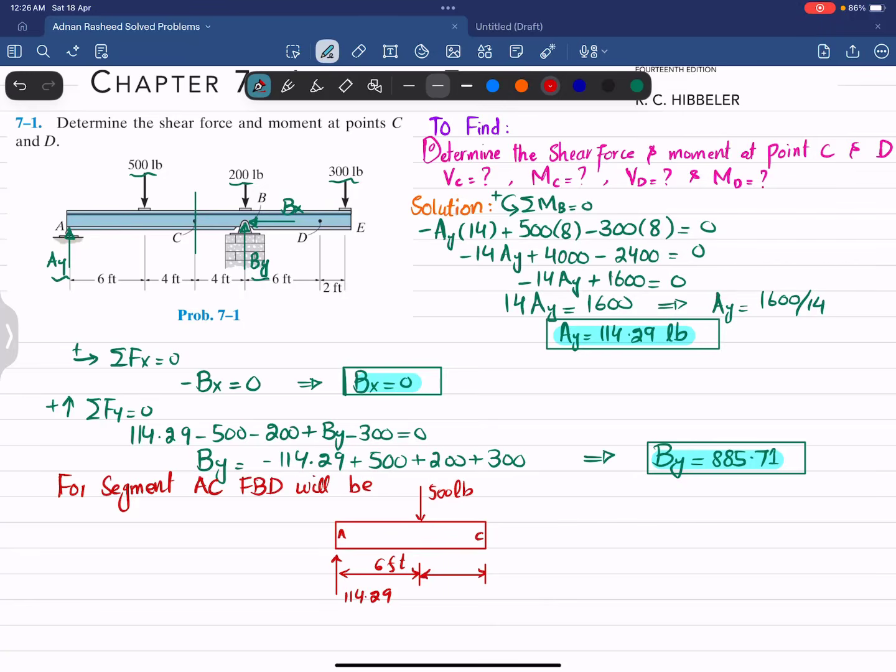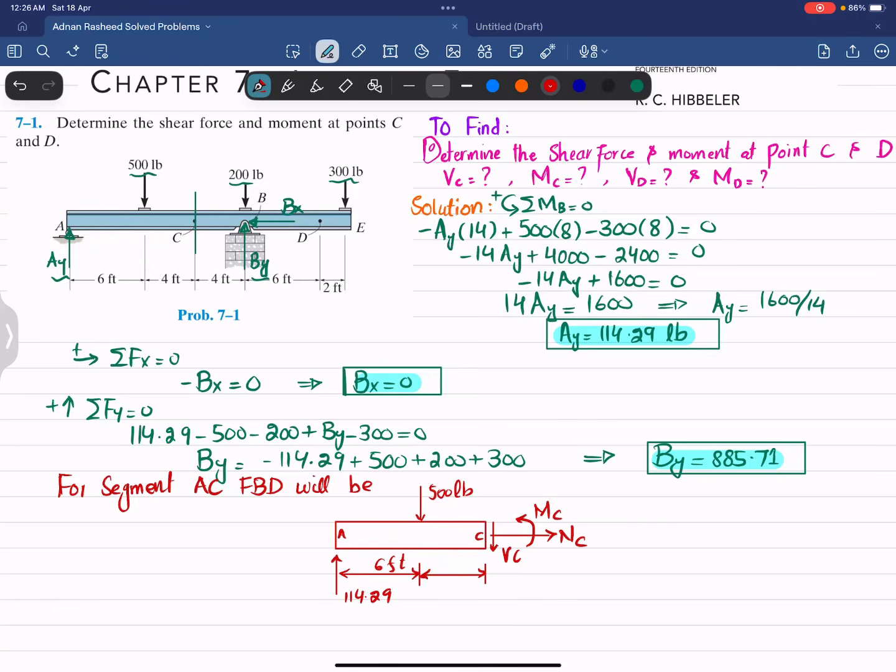When you cut it at point C, you will have one normal force, represented as NC. You will have a shear force at this face, which is VC, and an internal moment, which will be MC.